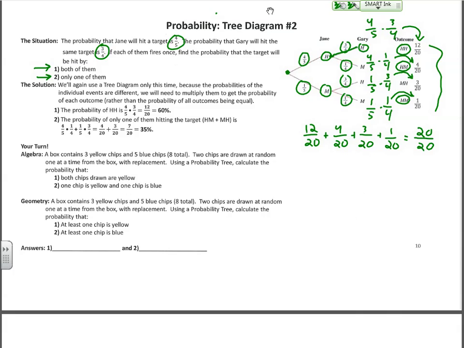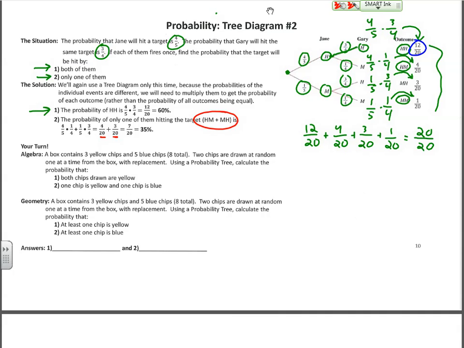So back to our original question, the probability of hit is 12/20ths, which we see here, and 12 divided by 20 is 60%. The probability of only one of them hitting the target, which is the outcomes of hit, miss, or miss, hit, 4/20ths for hit, miss, 3/20ths for miss, hit.